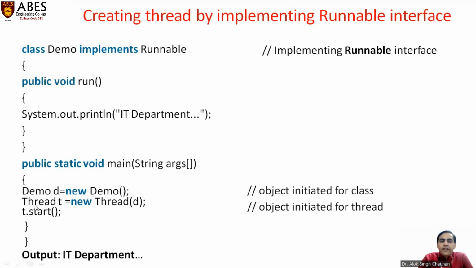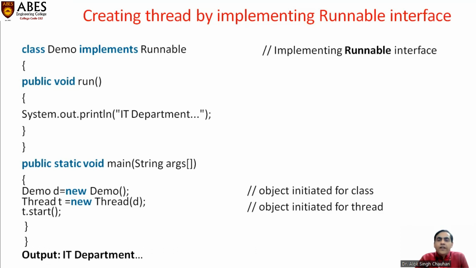But the difference is that when we create the object of this class, Demo d = new Demo, we cannot call the start method. Why? There is a difference between the Thread class and the Runnable interface. The Thread class contains two methods, run and start, but the Runnable interface contains only one method, run. It doesn't contain the start method.